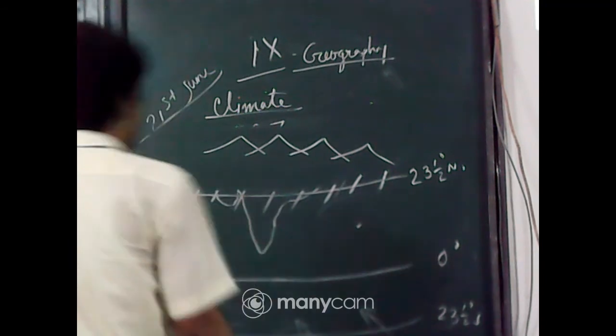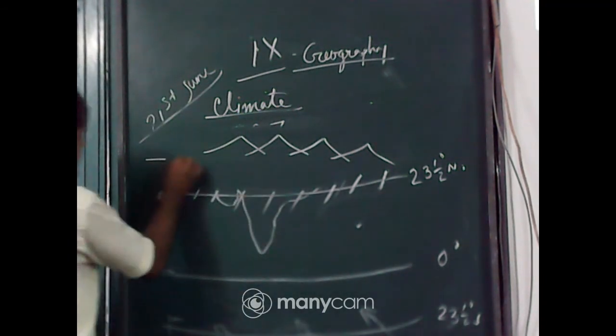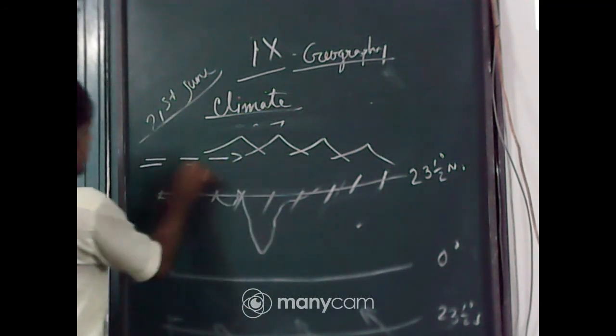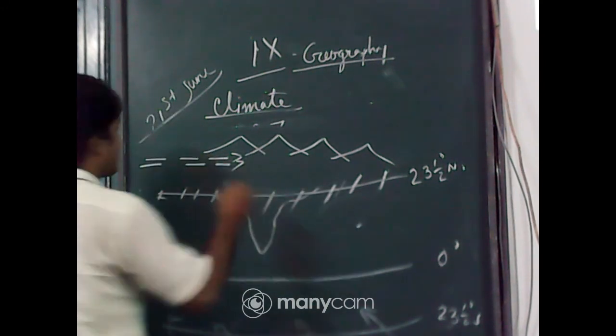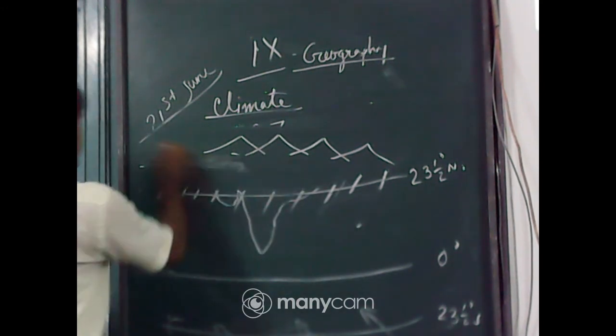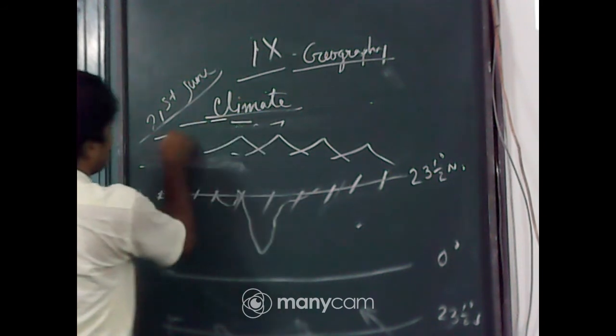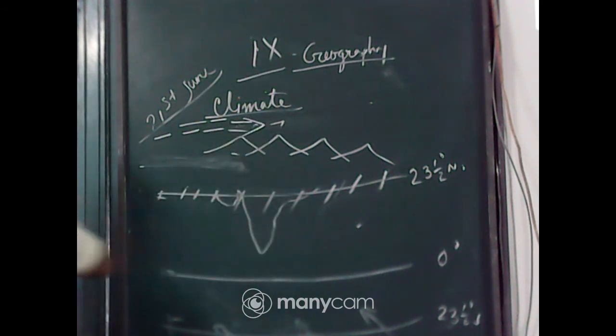So what happened? Generally the westerly jet stream blows south of the Himalaya. But during the summer season, this jet shifted north of the Himalaya. Okay? North of the Himalaya.